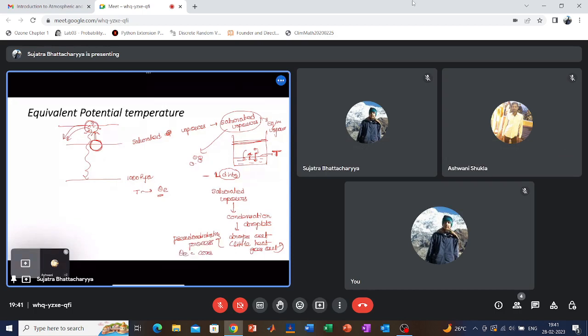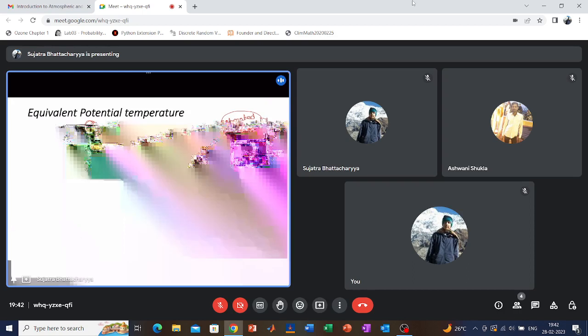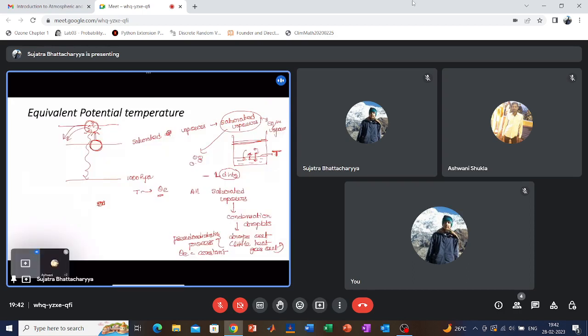Why? Because let us consider that all the saturated vapors are converted into condensation droplets. Now no further saturated vapors are left, and the condensation droplets also fall out. Now the entire heat which is present is here.